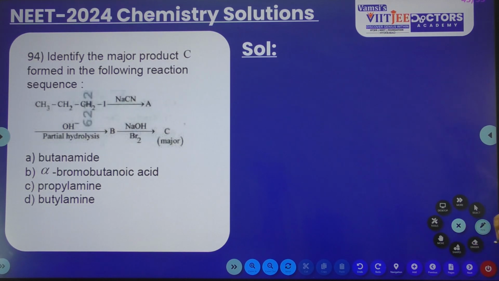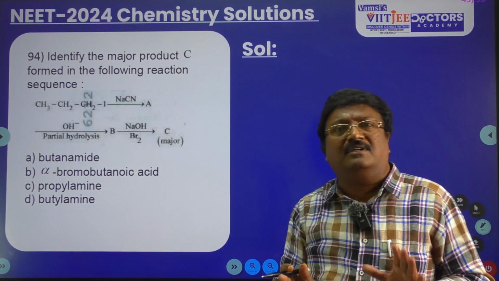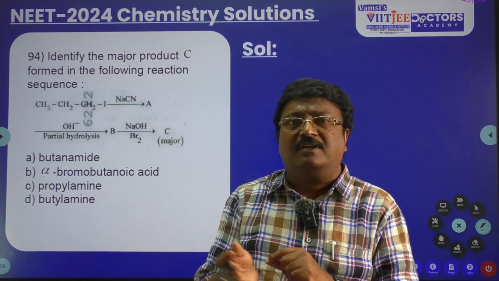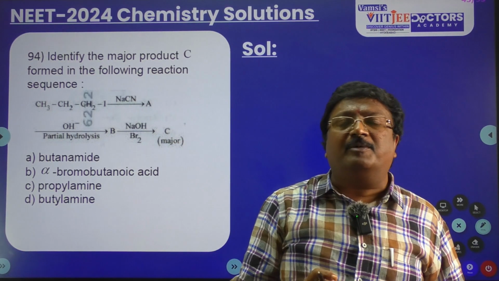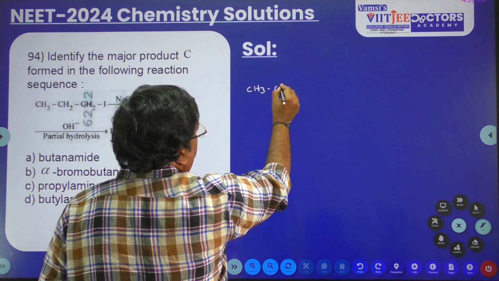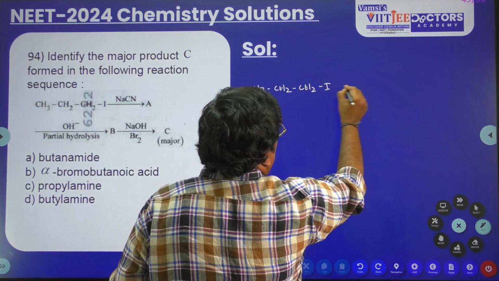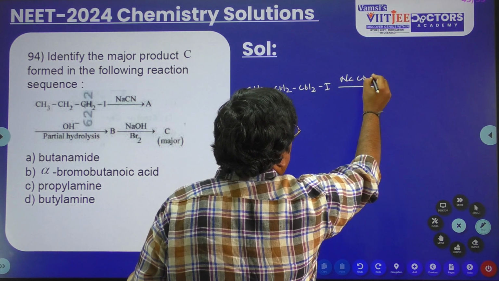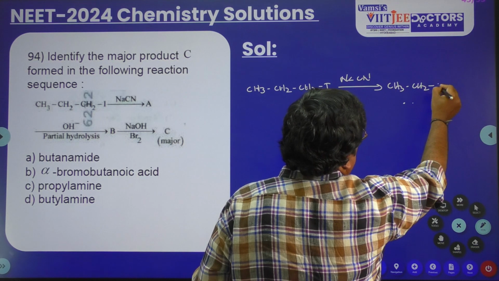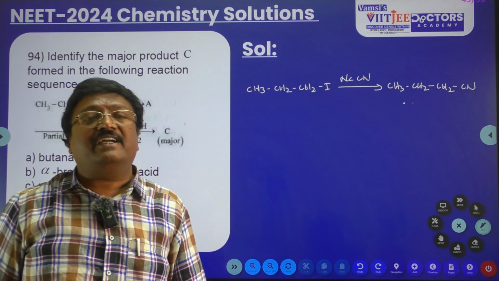Coming to 94, it is also a question based on nucleophilic substitution followed by the Hoffman hypobromamide reaction. So here CH3CH2CH2I plus NaCN, we get CH3CH2CH2CN, butane nitrile.